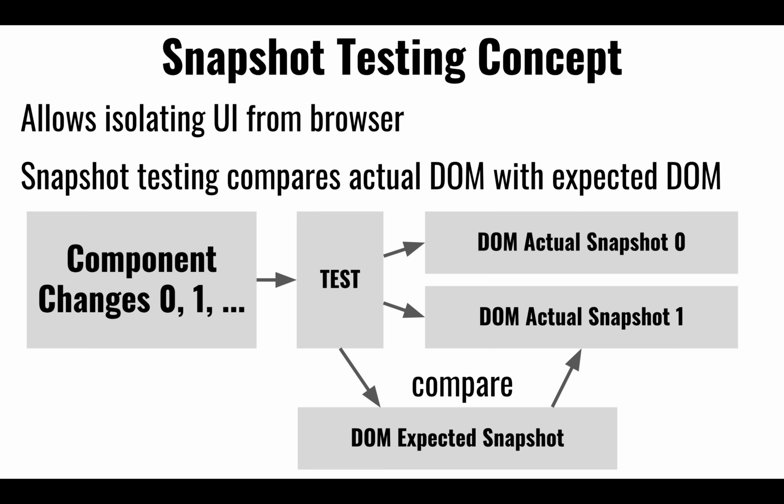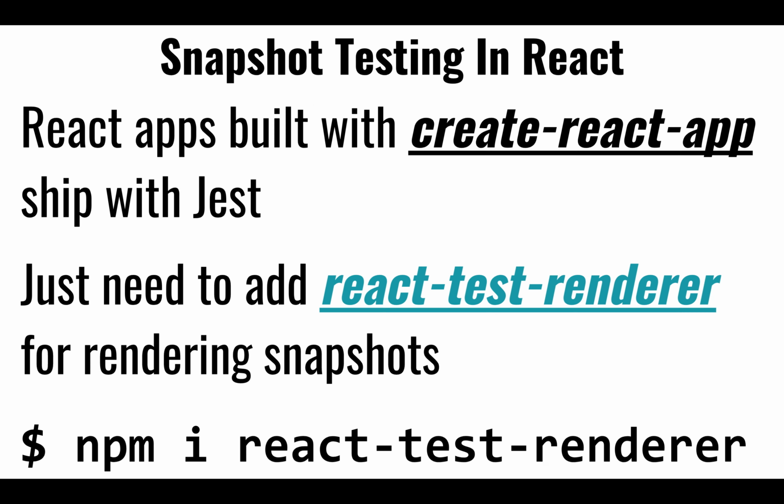So we need a mechanism that looks at the rendering elements, renders the element programmatically, not in the browser, and generates an initial file or initial representation of the DOM, and then use that as our base comparison. This is what we expect, and any modification that we make is going to be compared against that base snapshot.